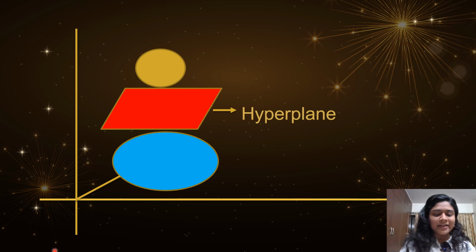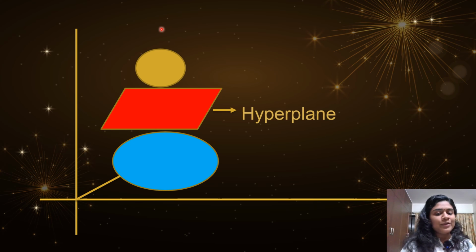Now you have your height, you have your breadth, and you have your width. Now using a hyperplane, you are able to separate the yellow dot and the blue dot. This is done with the help of kernel. So this is a non-linearly separable data which is being separated using a hyperplane with the help of a kernel.